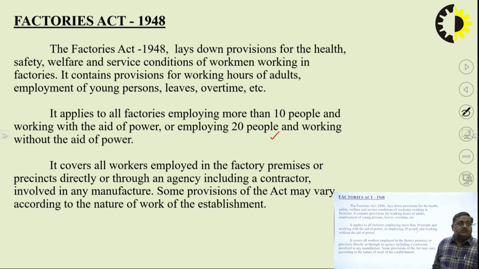It covers all workers employed in the factory premises or present directly or through an agency, including a contractor, involved in any manufacture. Some provisions of the Act may vary according to the nature of the work of the establishment.